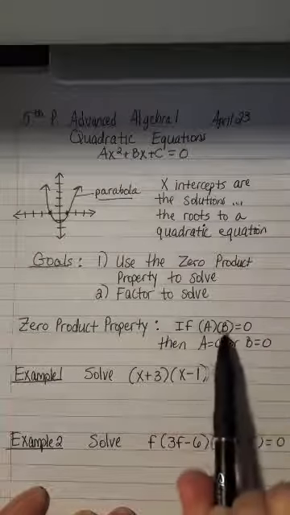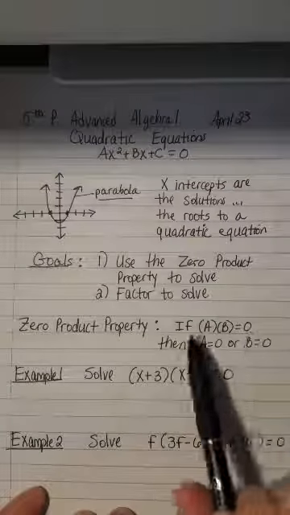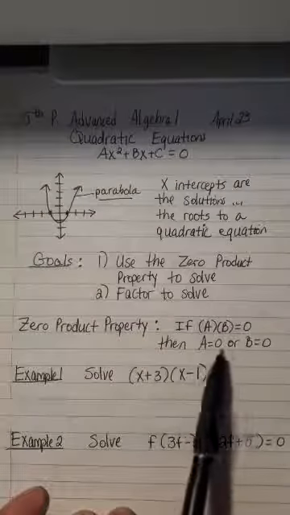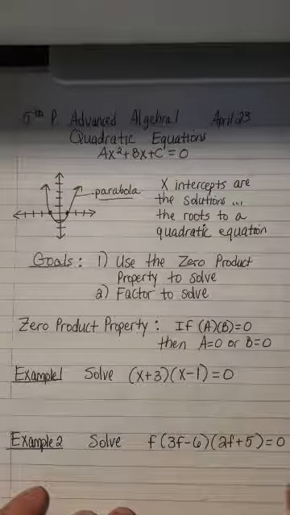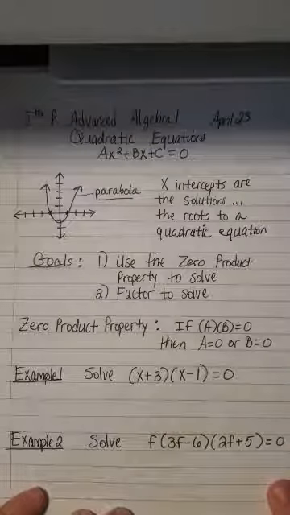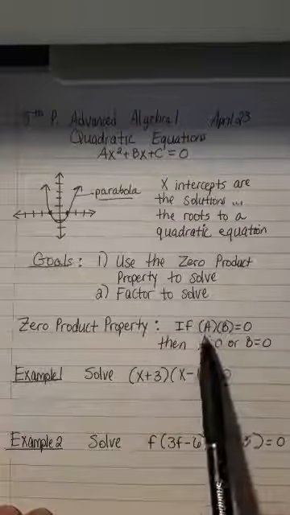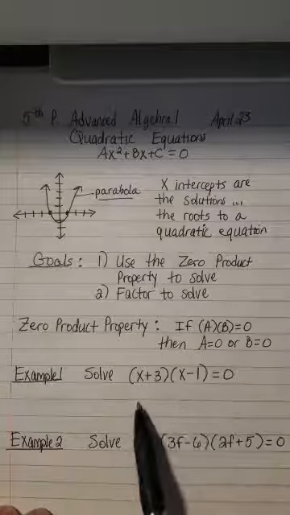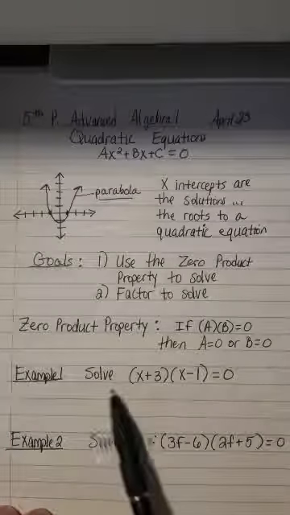Because when you multiply two factors together to get 0, one of those factors has to be 0. That's all the zero product property is saying. You're going to have some problems that start out in this form, like this example 1.